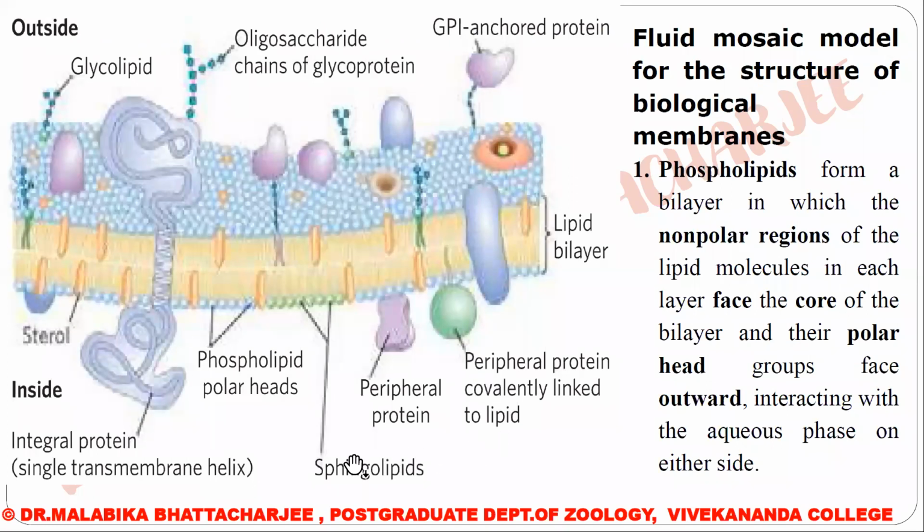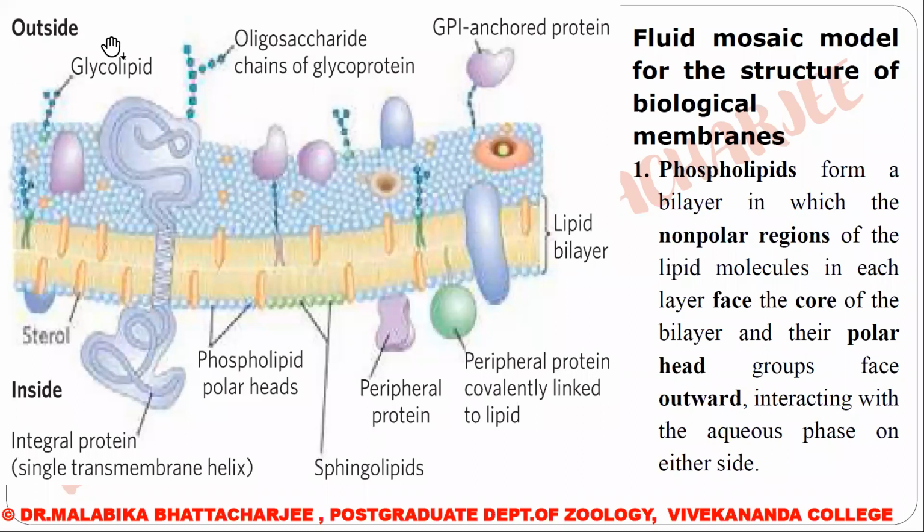This is the picture from Lehninger, and now we move on to the points of the fluid mosaic model. As I said, the phospholipids form the bilayer, in which the non-polar regions of the lipid molecules face the inner core, and their polar head groups face outward. These polar heads interact with the aqueous phase.